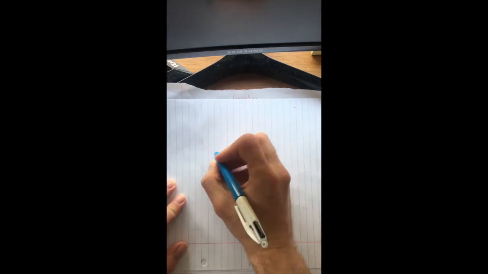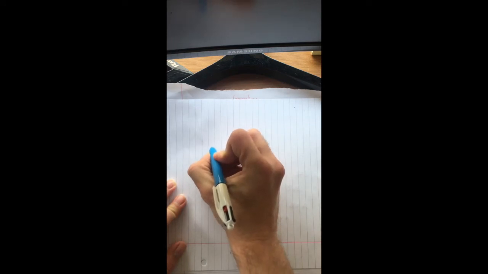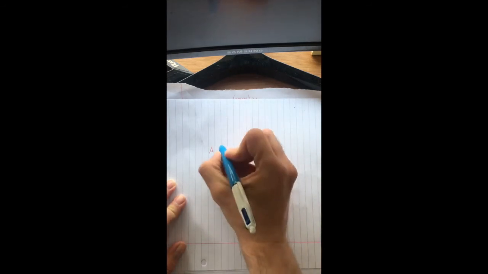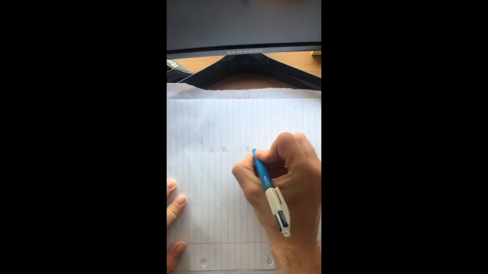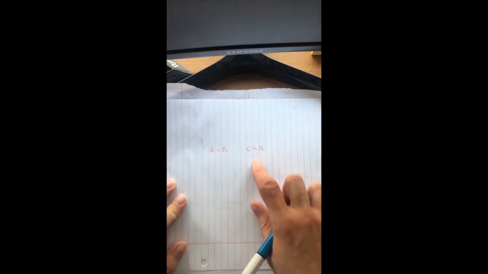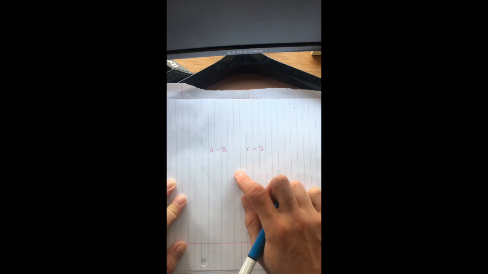So here we go. Try not to be too scared of these letters. We have the letter A and we have the letter C. Let's say A is equal to B, and let's say C is also equal to B. So we have two things equal to the same thing.